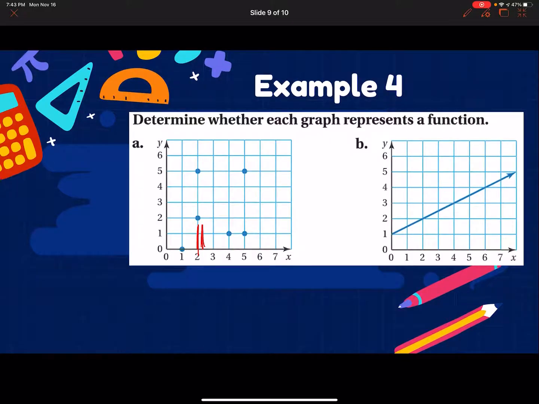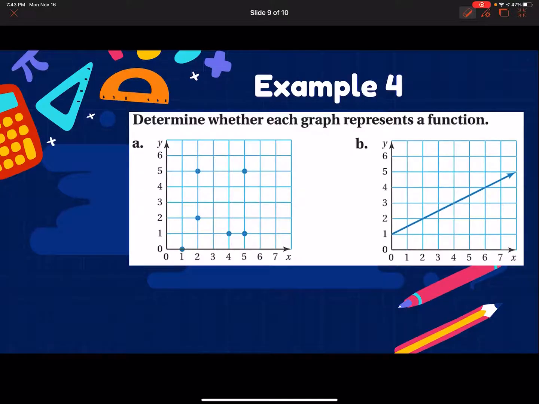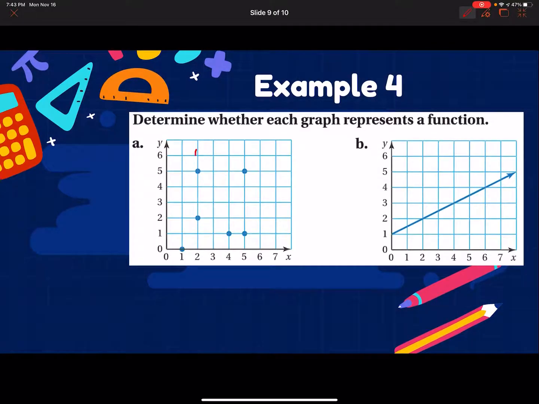Let me see if I can make a better line here. Well, maybe. Okay, so if I were to make a straight line, I still didn't make a straight line, but if I made lines through those, you can see there's multiple points where those values are shared.